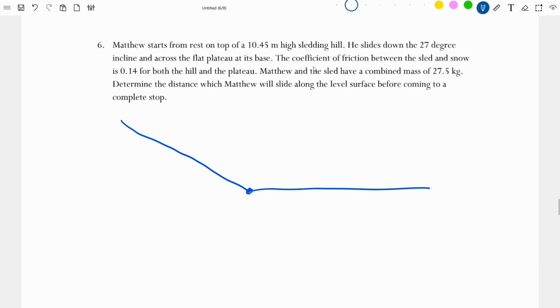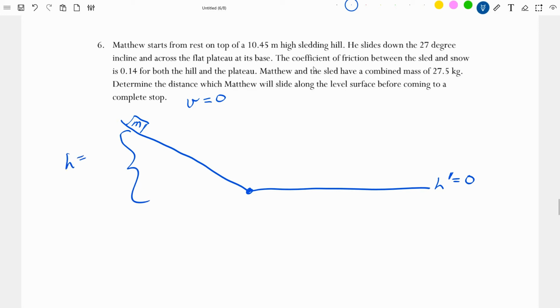So here is Matthew, who is looking very much like a box. Okay. Matthew starts from rest, so let's say that V is equal to 0, on top of a 10.45 meter high sledding hill. Okay, so that's really nice. If I call this the reference height, and I think he ends up there, that means that he started with a height that was given to me rather conveniently.